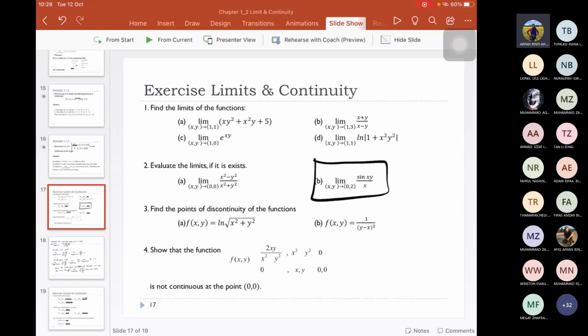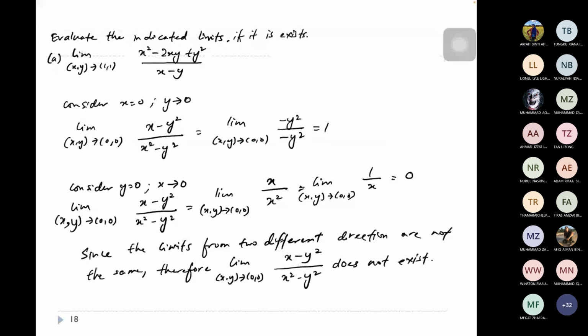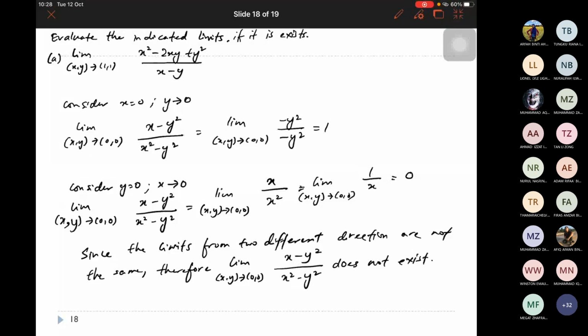Macam ni dah semua? Atau masih salin? Dah salin dah dulu. So ni soalan tadi. Cuba buat soalan yang atas tu. Consider the limit of x squared minus 2xy plus y squared divided by x minus y.